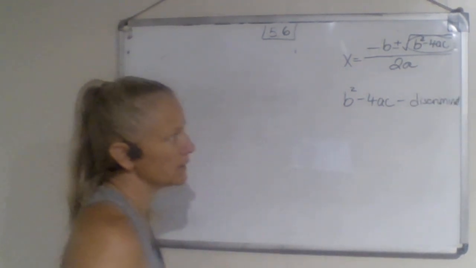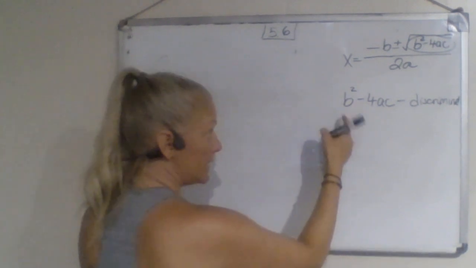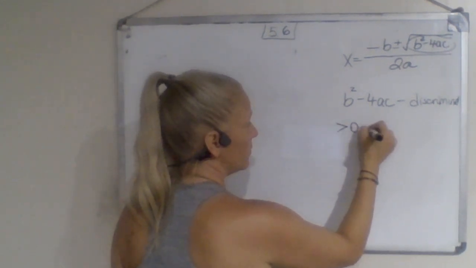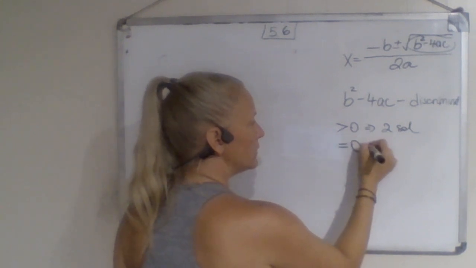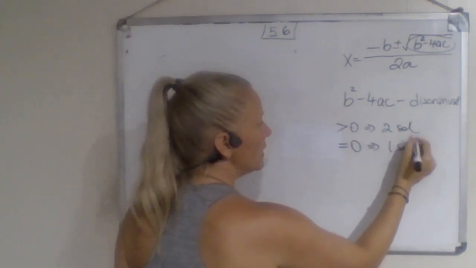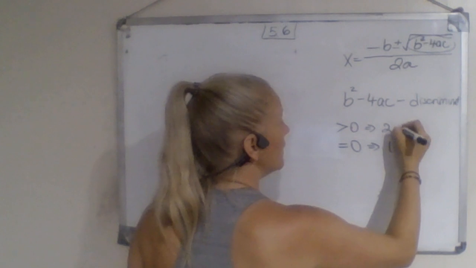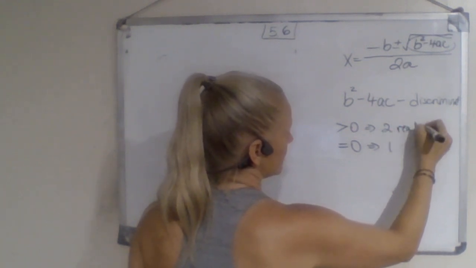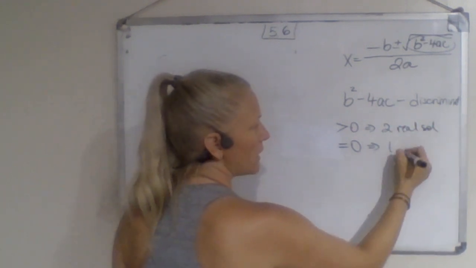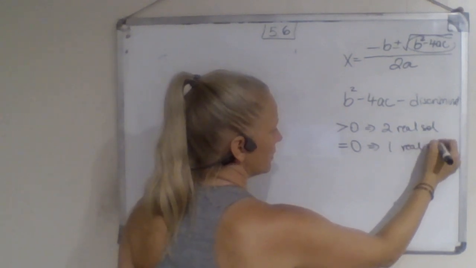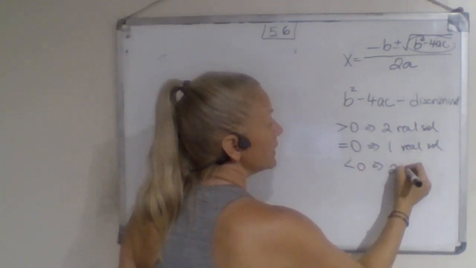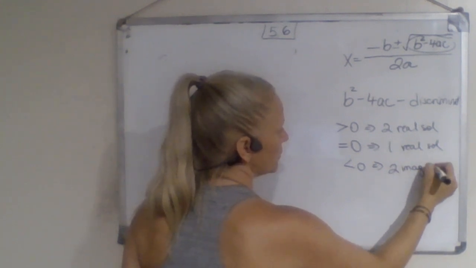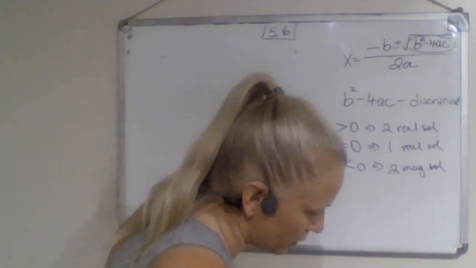Here's what we know. If this number is greater than 0, then I get 2 real solutions. If it is equal to 0, I get 1 real solution. And if it's less than 0, I get 2 imaginary solutions and no real solution.